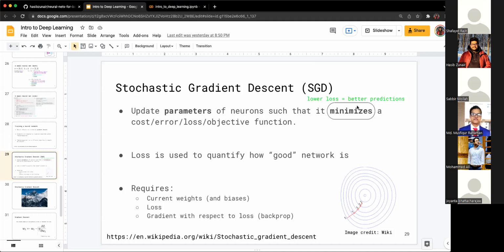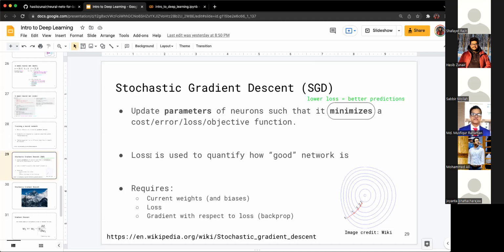And when you compute the loss, you know what the answer is already. So when the neural network makes a prediction, you compare that prediction with the correct answer. And then you can quantify that, okay, my neural net is doing good or my neural net is doing bad. You do this quantification process using something called a loss, right?